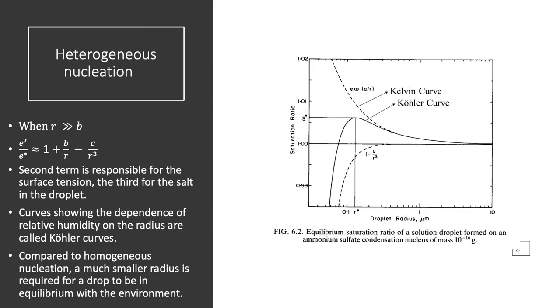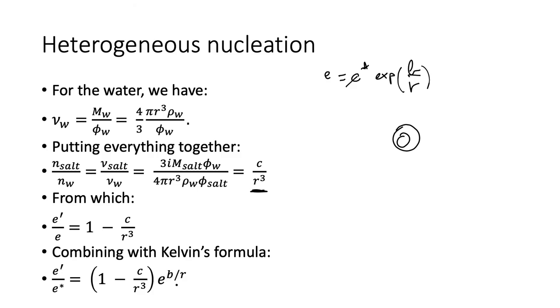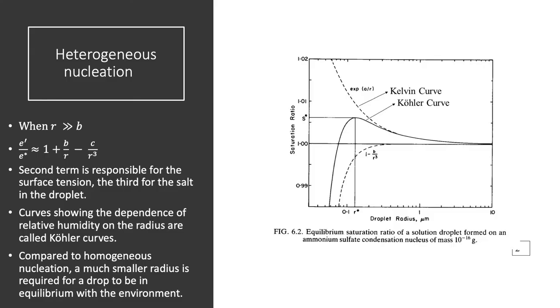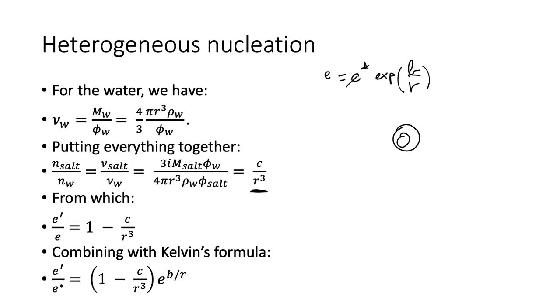Also, this goes without saying, when r is a lot bigger than B, then in this limit you can expand the exponential, and then we can actually do the calculation.